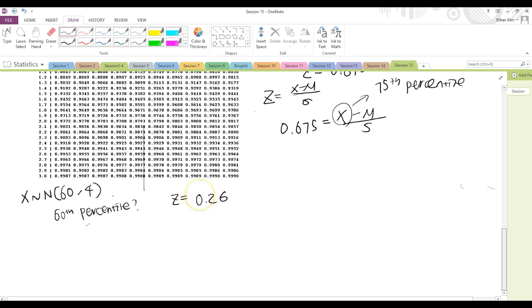And we're looking for the x value, so z is always x minus mu over sigma. X minus mu, in this case 60, over 4.